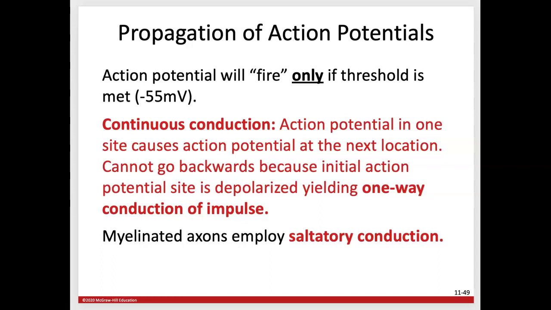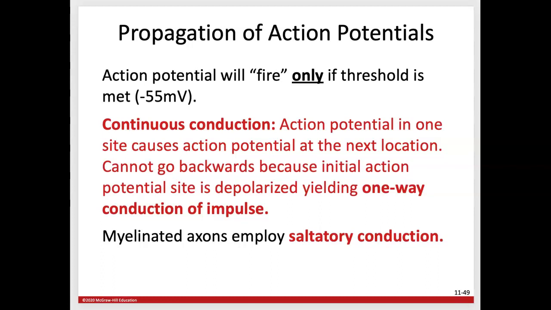Continuous conduction happens in non-myelinated axons, whereas saltatory conduction happens in axons that are myelinated. That's a difference between having those Schwann cells or the oligodendrocytes wrapped around the axon. Remember, the myelination is made up of either oligodendrocytes or Schwann cells.